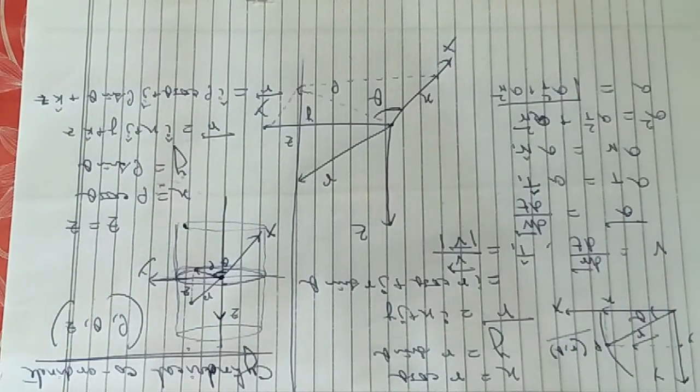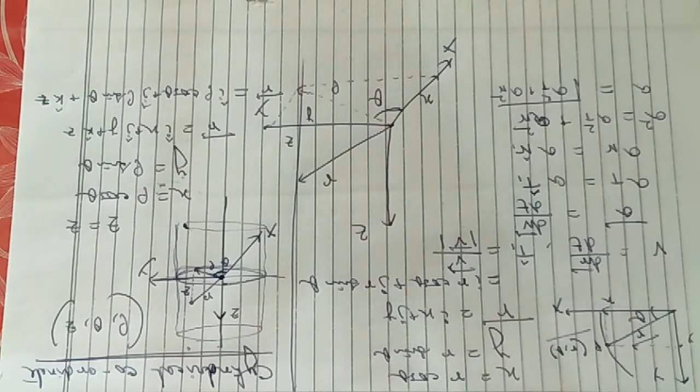It's so simple. Now again you can resolve it into components. Suppose the unit vector along the direction rho will be n rho cap. You can easily calculate the value of n theta cap. You can easily calculate the value of nz cap. How you can calculate?